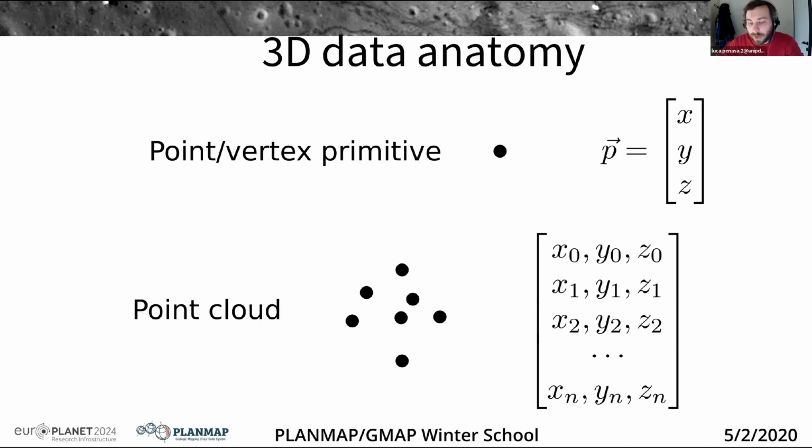So there is some vector representation here of the points. And if you have more than one point, you start collecting a lot of points, like in the model of that mountain we have seen before, you start talking about point clouds, which are basically lists of points with no specific ordering.